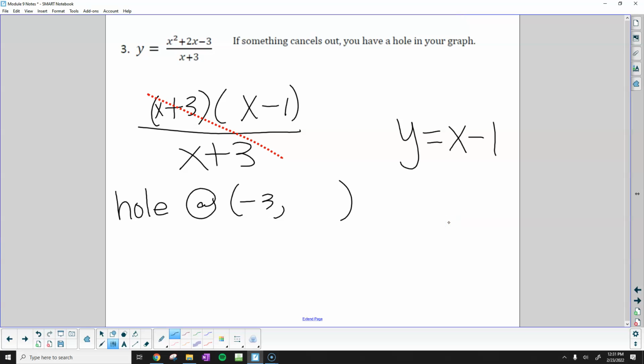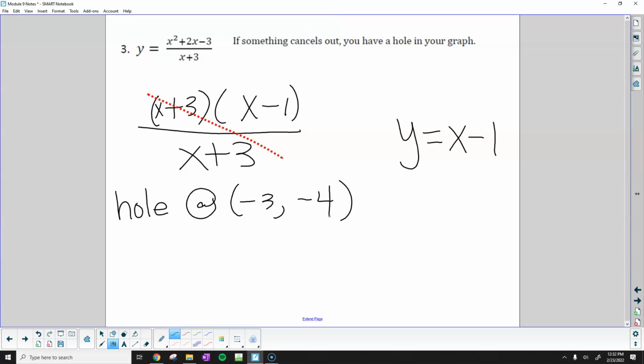So look at my simplified version. I know I had a hole at the -3. Remember, you'd plug in a -3 here to get the y coordinate. What is the y coordinate of the hole? -3 minus 1? Okay, good. Remember, that's x minus 1.